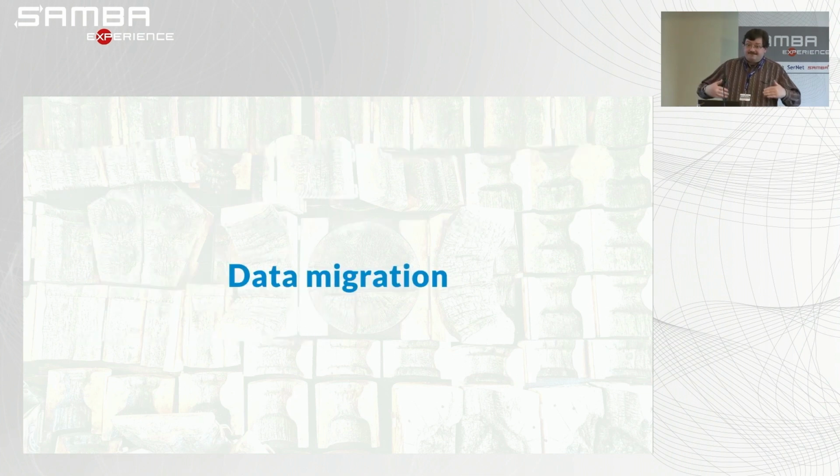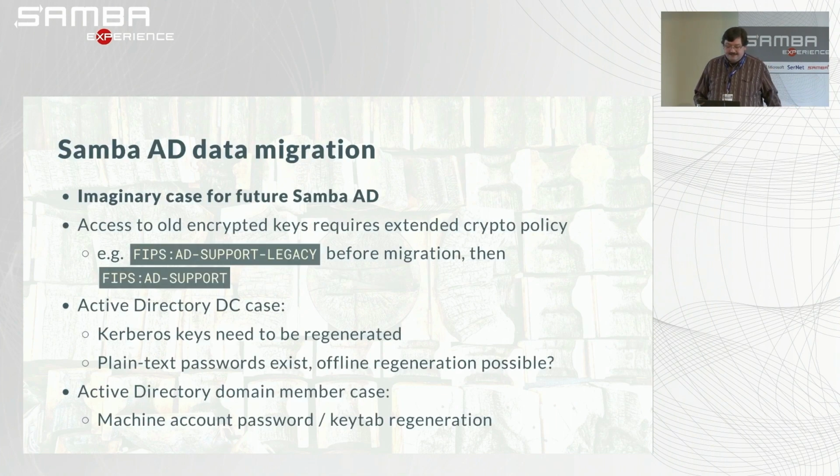Now that's runtime. Okay, you work with data. What do you do with data if you have to migrate that data from the older systems? You cannot migrate data from non-FIPS to FIPS. You have to put barriers somewhere. You cannot guarantee that what was generated before FIPS was enforced is safe. So this is an imaginary case.